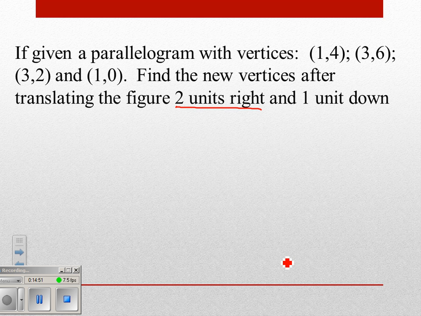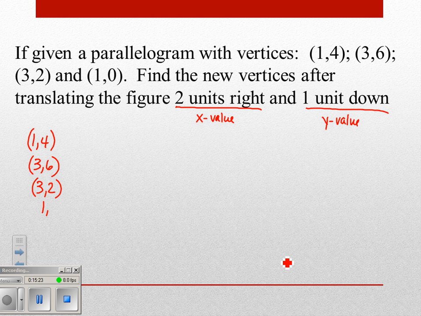Well, 2 units to the right, does that affect your x value or your y value of your point? The left and right movement is your x value, correct? How about the 1 unit down? That's going to affect your y value. So take each of these points and do those things to it.